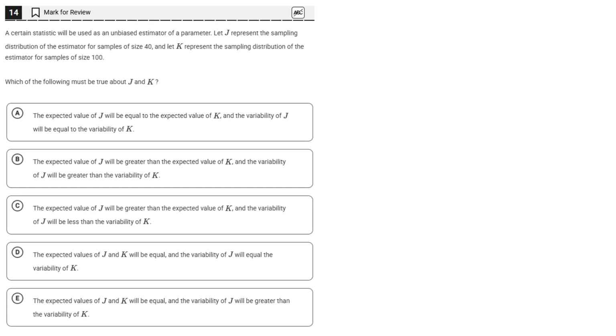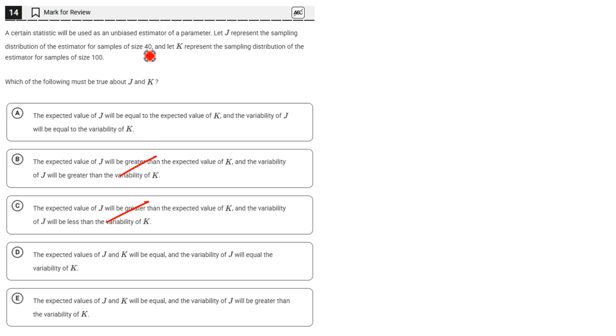All right, moving right along. A certain statistic will be used as an unbiased estimator of a parameter. Let J represent the sampling distribution of the estimator for samples of size 40, and K represent the distribution for samples of size 100. So if they're unbiased estimators, which it tells us, that means the expected values of them will be equal. So we can get rid of those two.